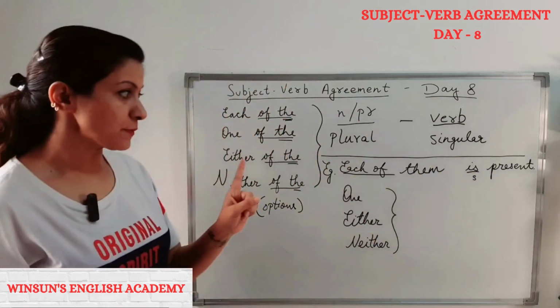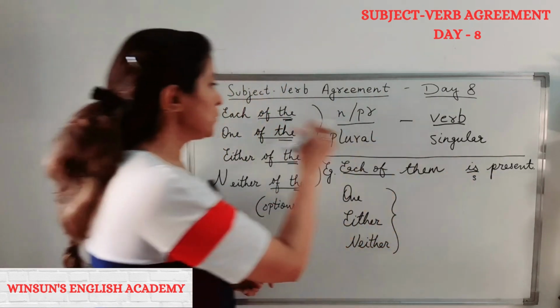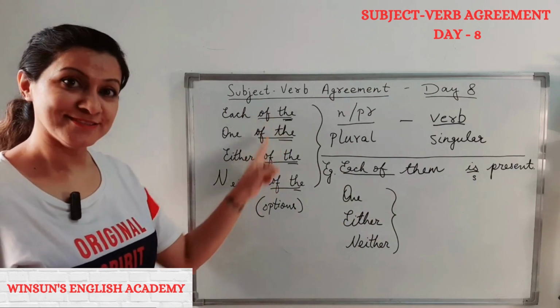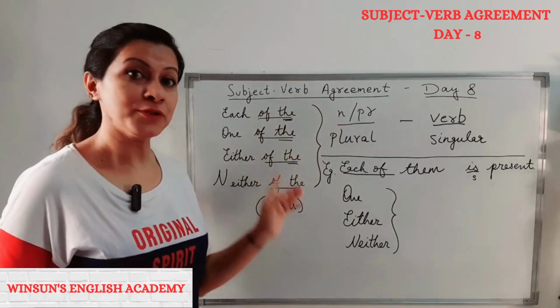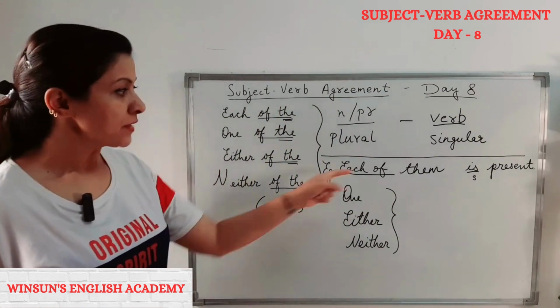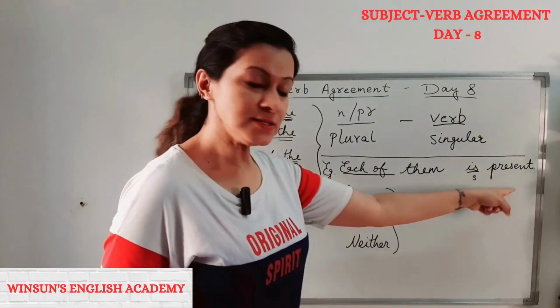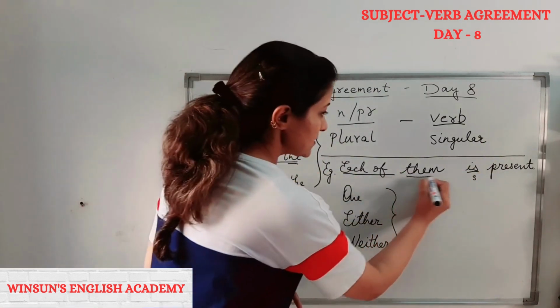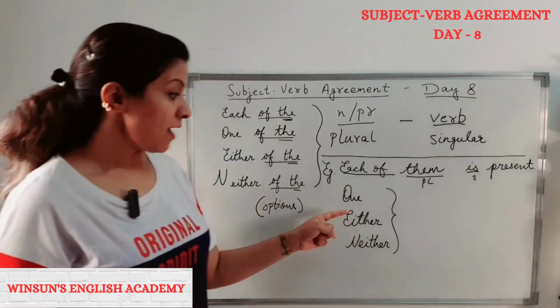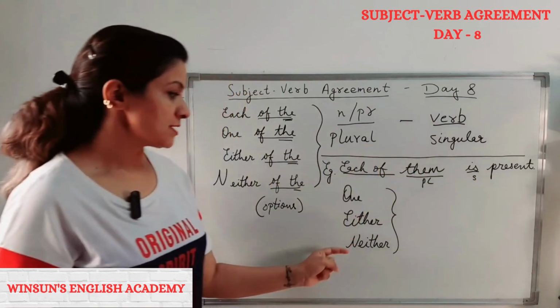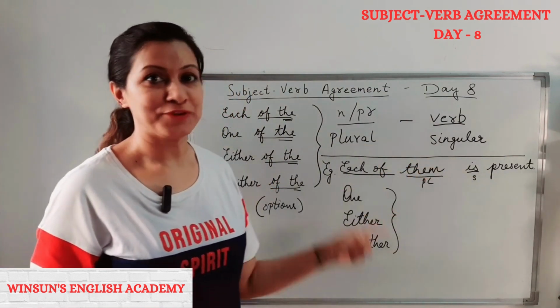Now, did you notice something? When we are using pronoun, we are not using this article. Okay? So, this article is just before the noun, not before the pronoun. So, each of them is present. Rule remains the same. And this is again plural. One of them is present. Either of them is present. Neither of them is present.